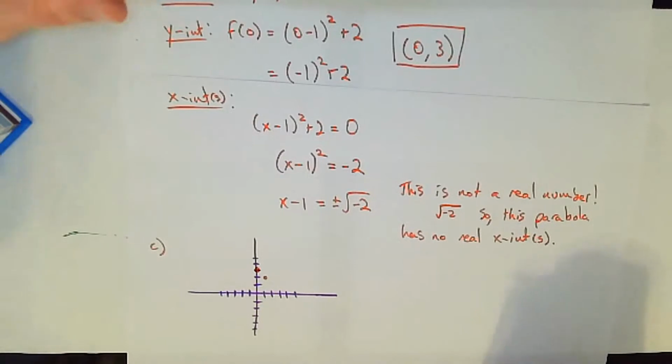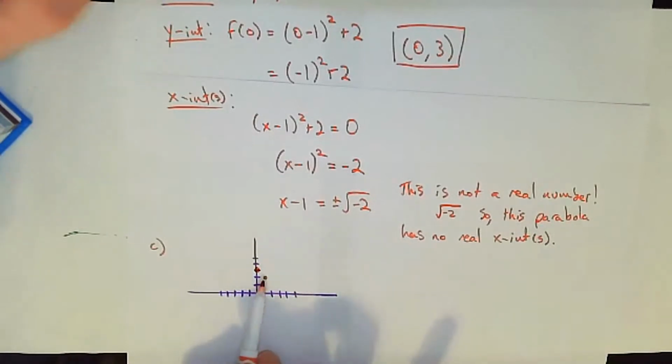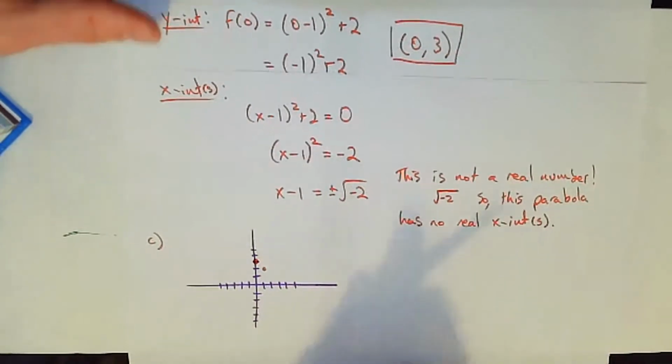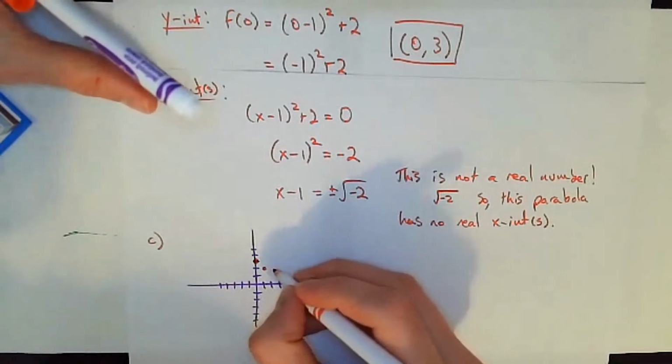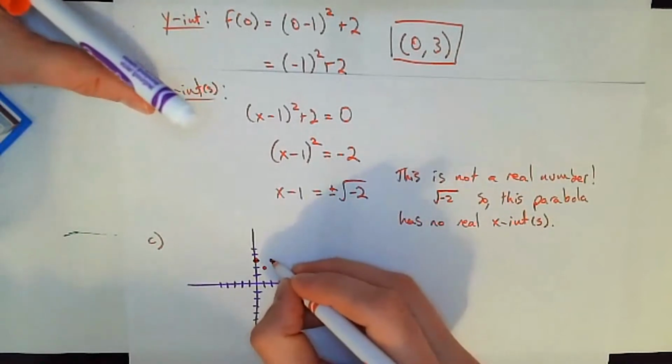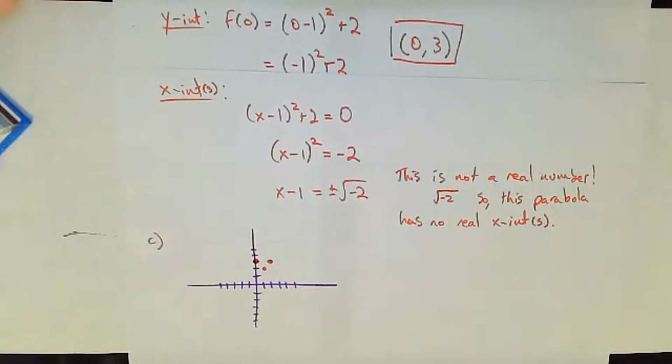And if I wanted to find an extra point, how far in the horizontal direction is the vertex from this y-intercept point? Well, just 1. The vertex is at x equals 1. The y-intercept is at x equals 0. So if I go over to the other direction, x equals 2, I should have another point at 3.